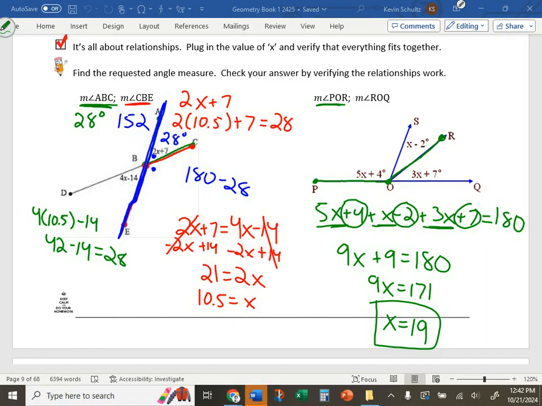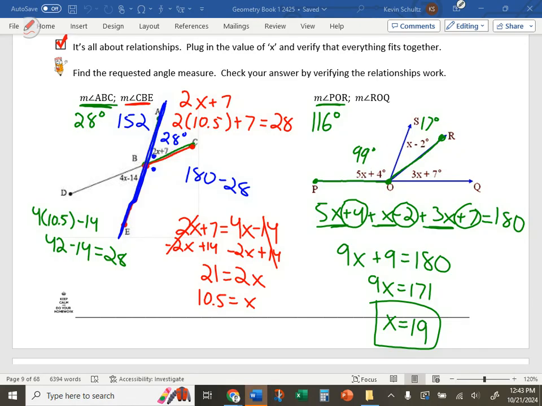The angle addition postulate tells us that these two angles added together will equal the whole angle of POR. So 5 times 19, 95, plus 4 is 99. X minus 2, 19 minus 2 is 17. POR would be the sum of those parts, and that's going to give us 116 degrees.